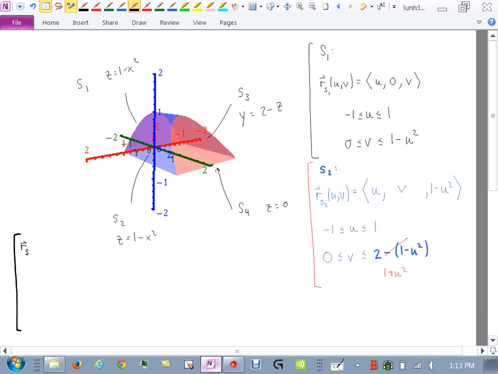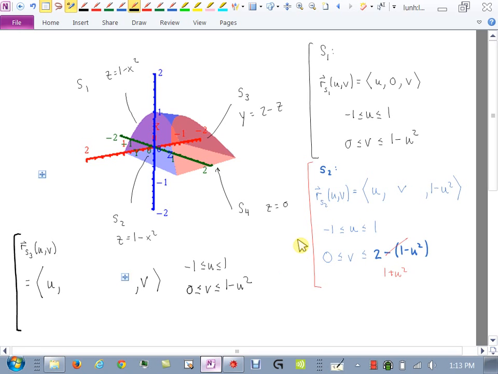R of S3 of U, V, equals, okay, my x is going to be U, my z is going to be V, and I still have -1 less than or equal to U less than or equal to 1. I have V between 0 and 1 minus U squared. Right now, that draws me that solid, shaded-in parabola, right? But now I want to go back and forth.